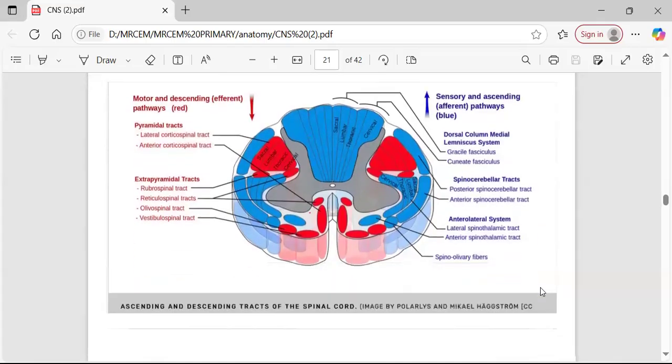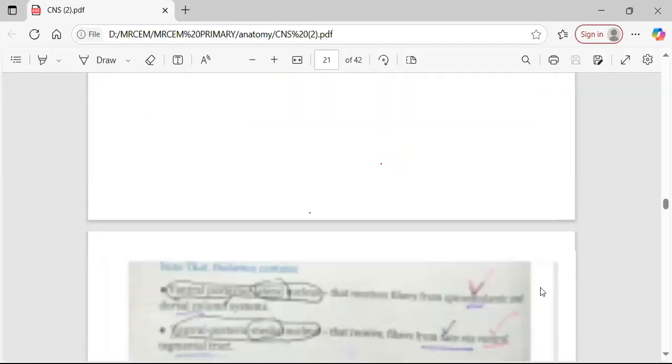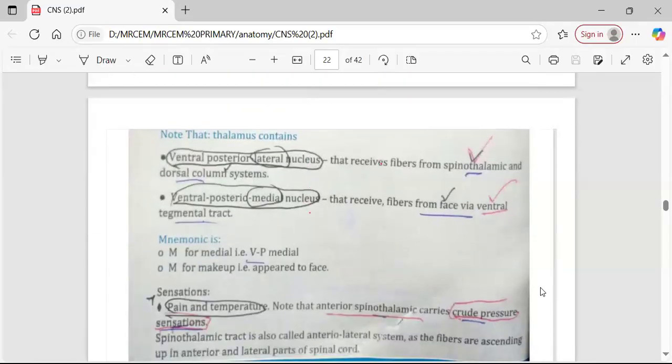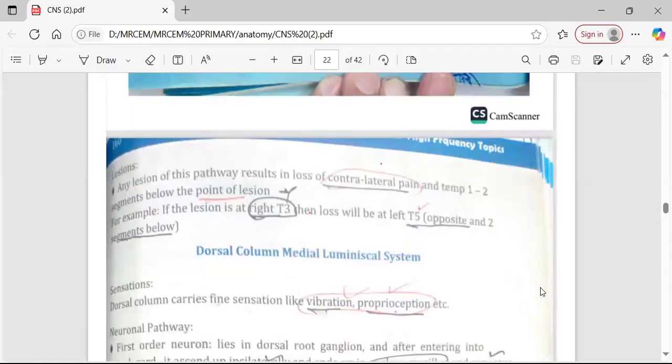Spinal tracts, that's the spinal cord tracts. Always remember that's important.